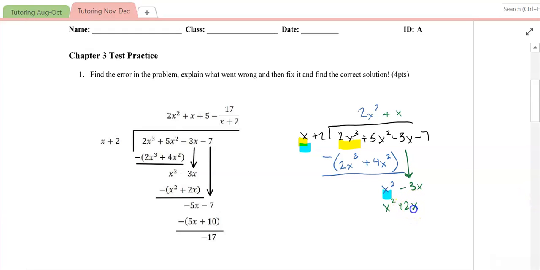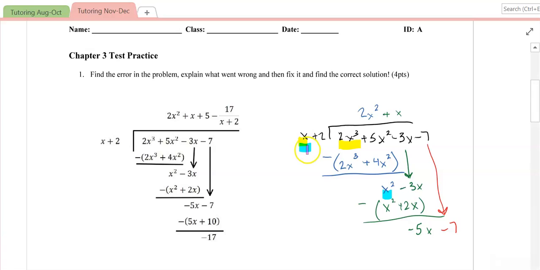2x. And then you would subtract. Negative 3x minus 2x makes a negative 5x. And then we would bring down the next term here. So we have negative 5x minus 7.